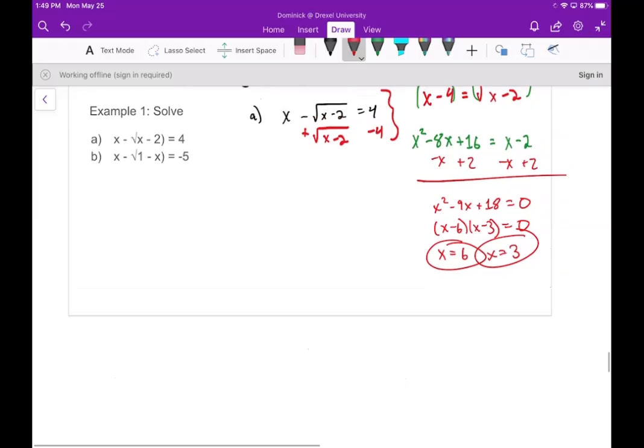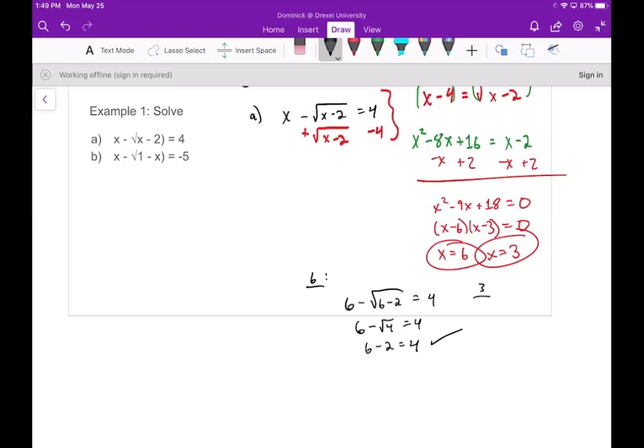All right, if we check 6 in the original equation, we're going to have a 6 minus square root of 6 minus 2 is equal to 4. Well, this is 6 minus square root of 4, which is 4, and 6 minus 2 equals 4, and of course that's true, so that's good.